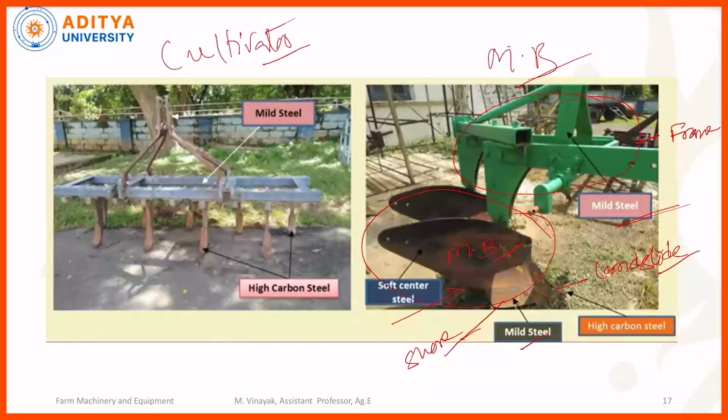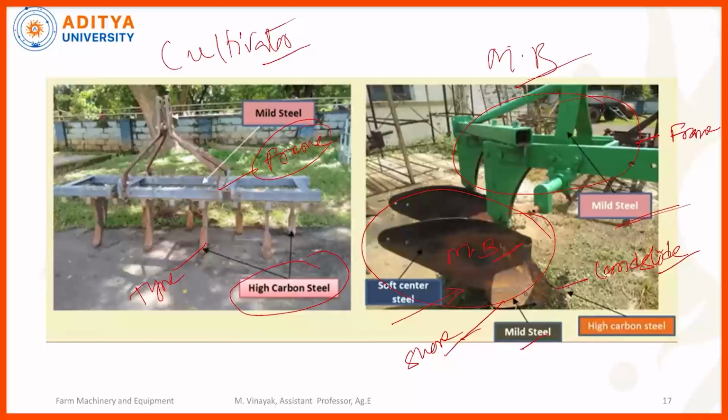Next, coming to the cultivator. This one is called the frame, and this one is the tines. The tines interact with the soil, so they are made of high carbon steel. The frame is mild steel.